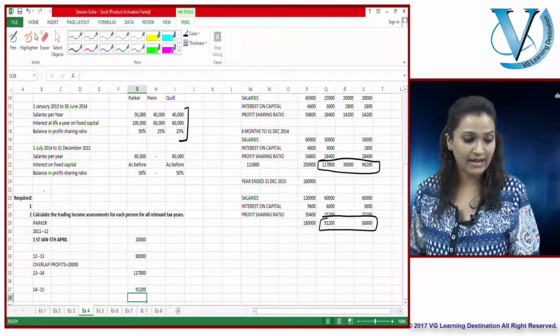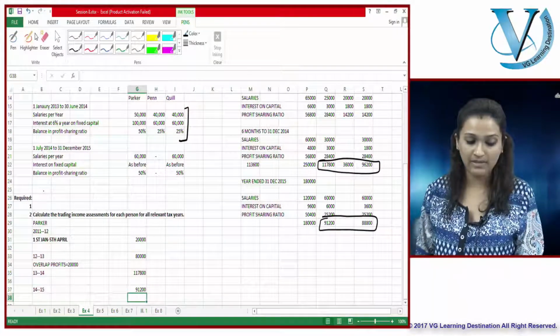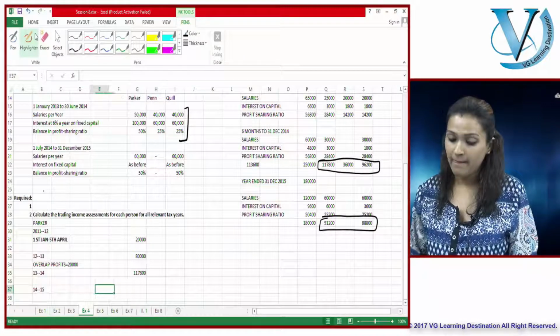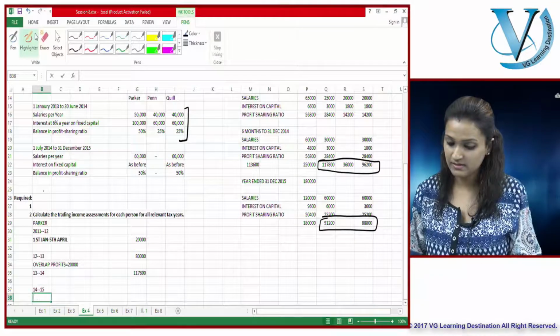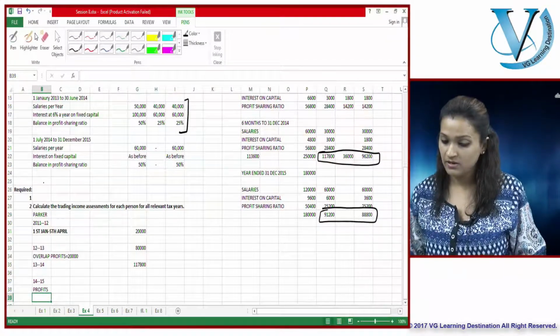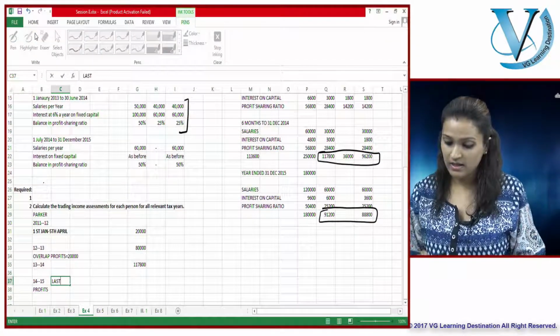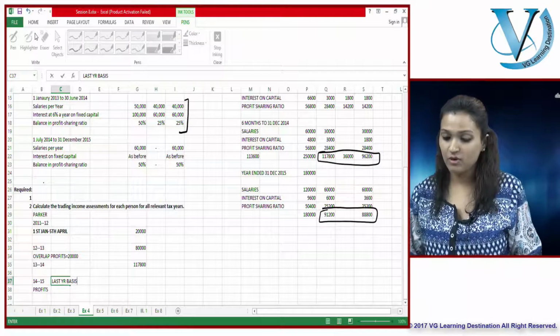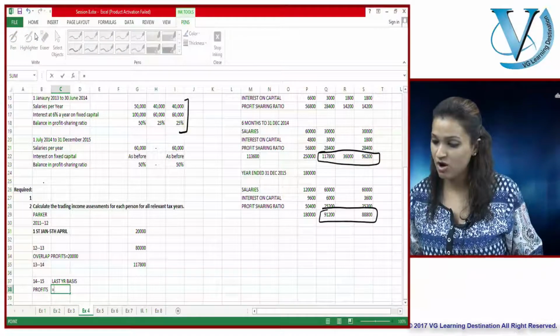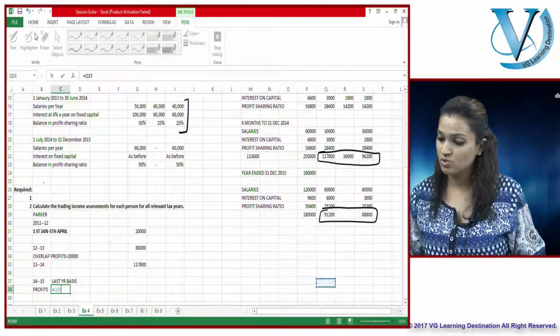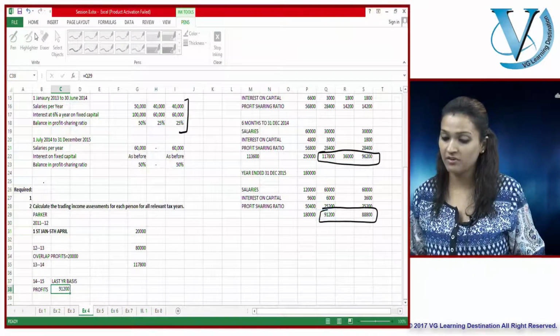Let's have a look at this. Now this last year, what happens basically? You're going to use the last year basis because the business has now ceased to trade. So profits are equal to 91,200.